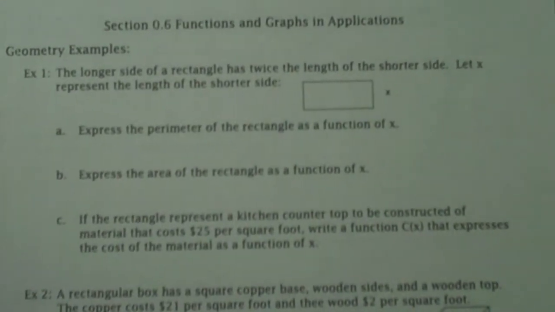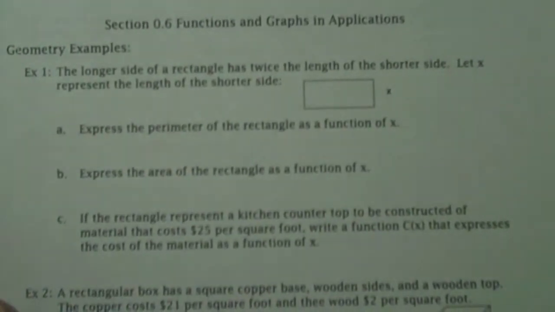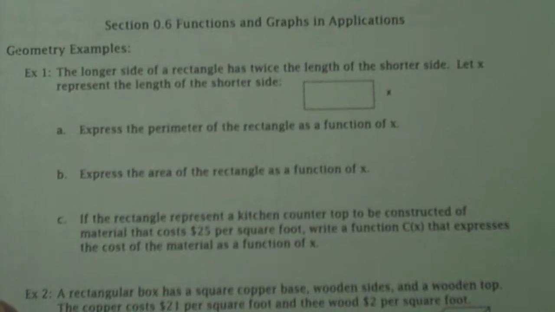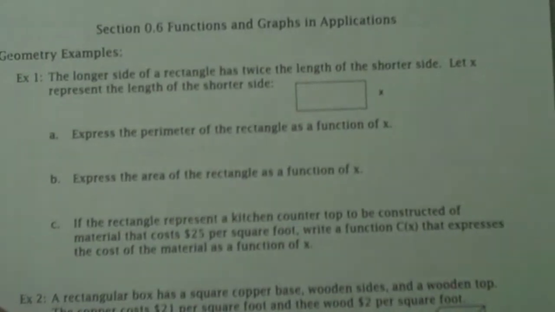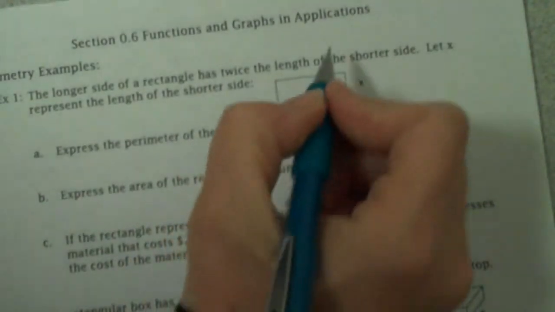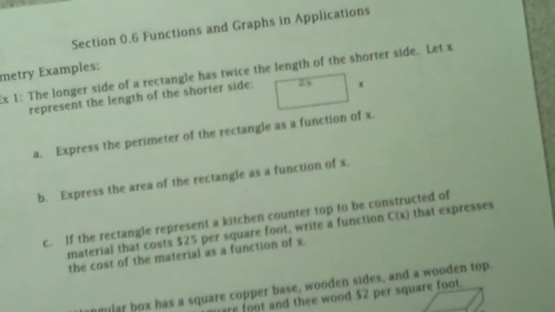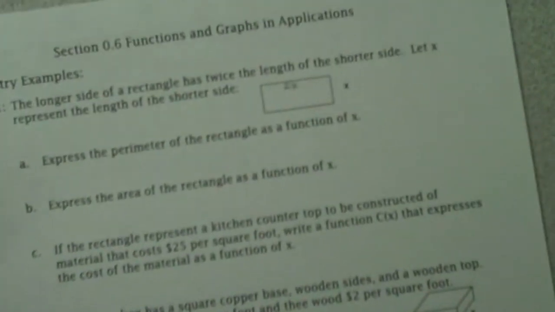So, example from geometry, something that hopefully you've seen somewhere along the way, is that you might have a situation where you know something about a rectangle in terms of how its sides are related to each other. So in this case, the longer side is twice the shorter side. So if that's the case, algebraically, we would express one of the sides as x and the other as 2x.